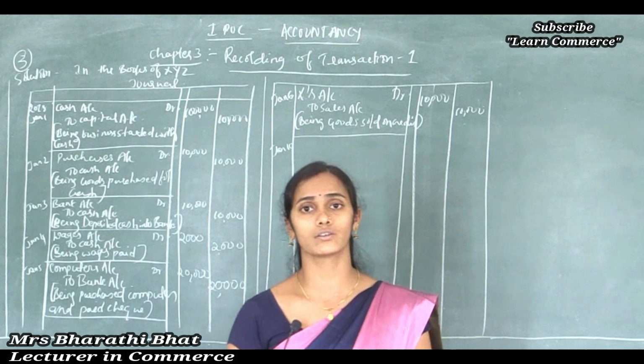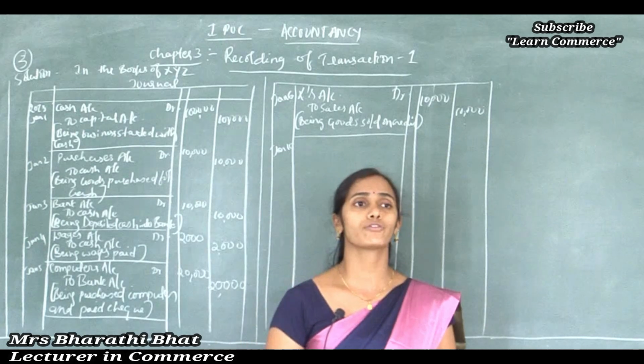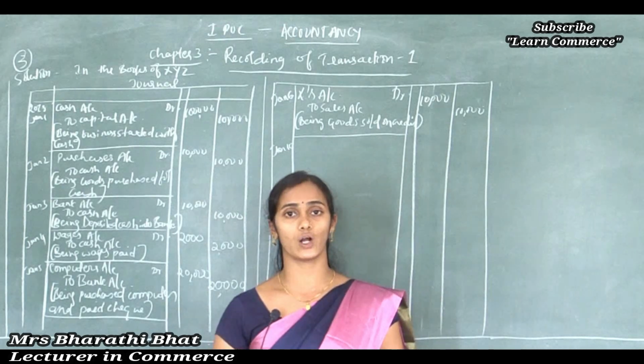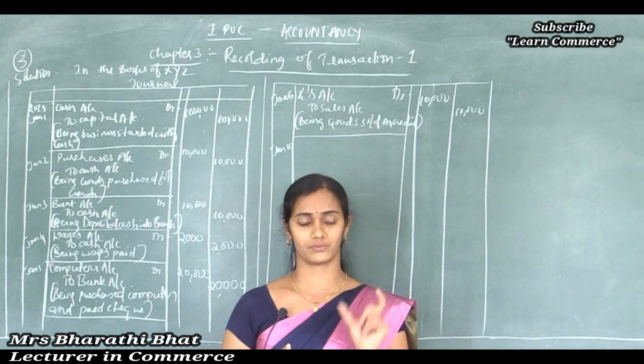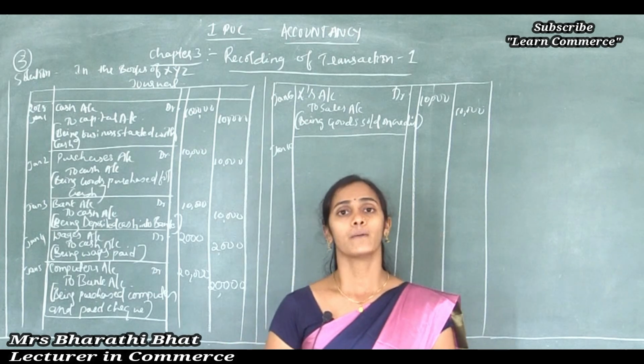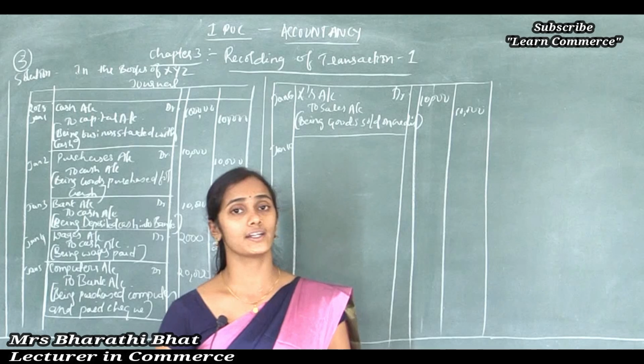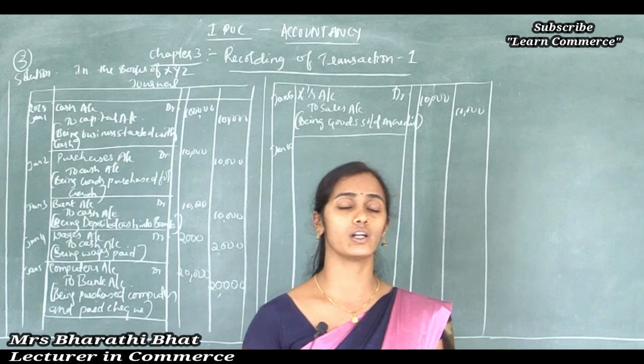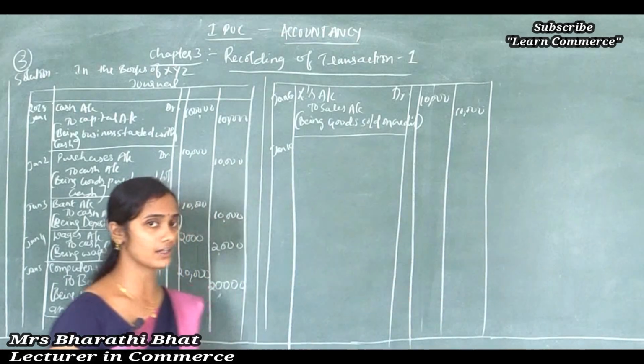So when received check from X and discount allowed, for such a transaction we need to pass the compound journal entry. In the same way, paid to X and discount received. This is also called a compound journal entry.